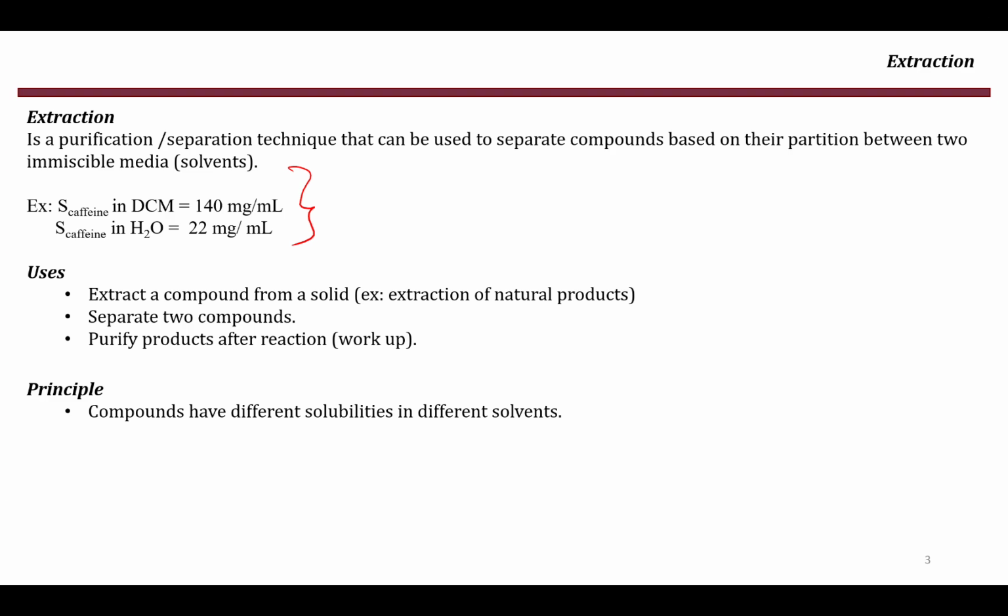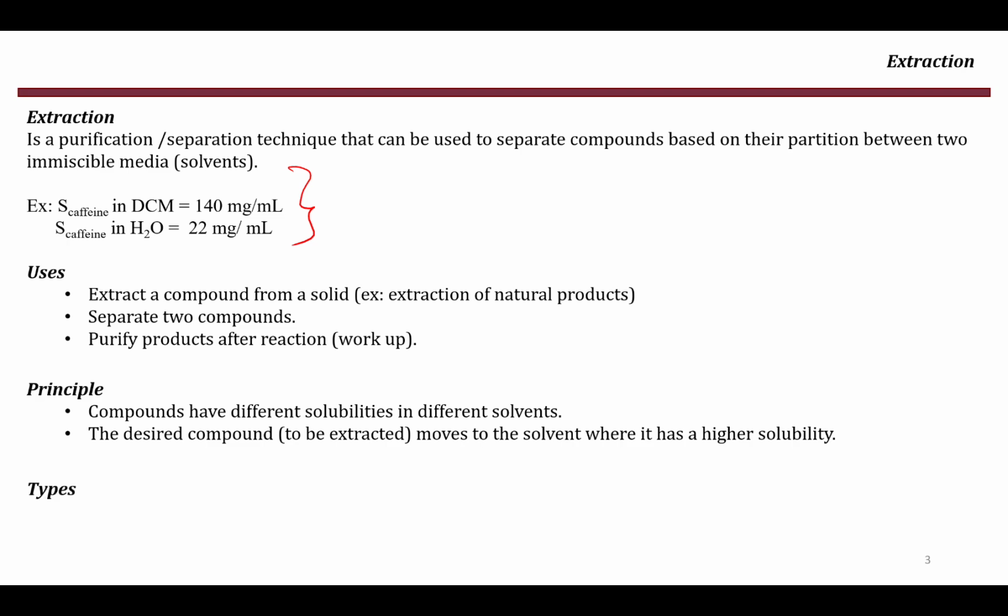So since compounds have different solubilities in different solvents, whenever I have two immiscible solvents and a certain compound in them, our compound is always going to move to the solvent where its solubility is higher, and because of this we can easily separate our compound from the other impurities. Again, we will explain this with more details later on. So the desired compound to be extracted will always move to the solvent where it has higher solubility.